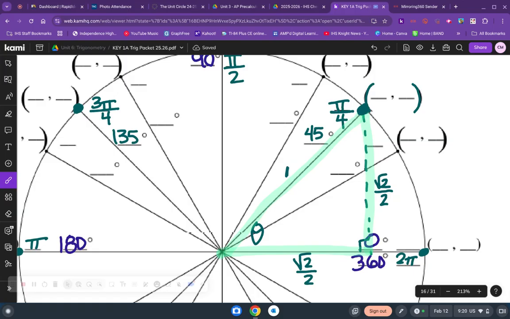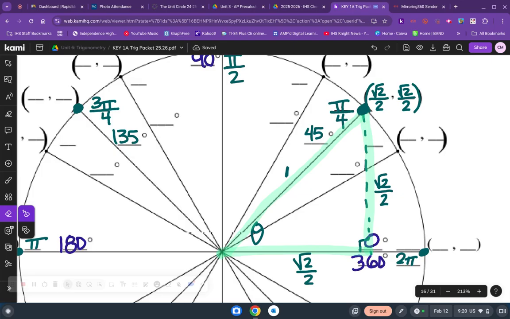And so I went over square root of 2 over 2 to find the x coordinate, and then I went up square root of 2 over 2 to find the y coordinate. So the coordinate comes from the fact that we use our right triangle trigonometry to find the leg lengths of the triangle. That's where it comes from.